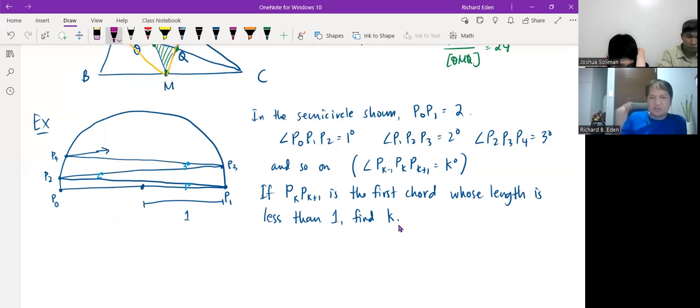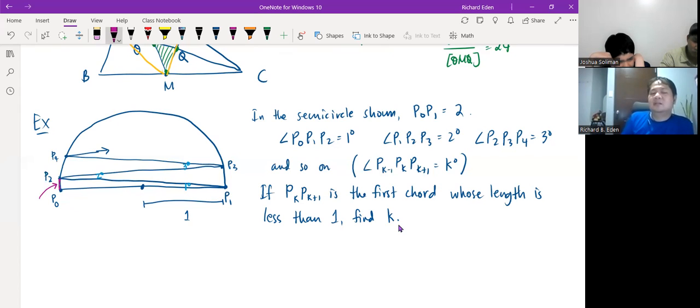Let's try to get a pattern out of the things that we have here. So what's the measure of P0P2? Well, because you have that 1 degree angle, that has an implication on the length of this arc, right?